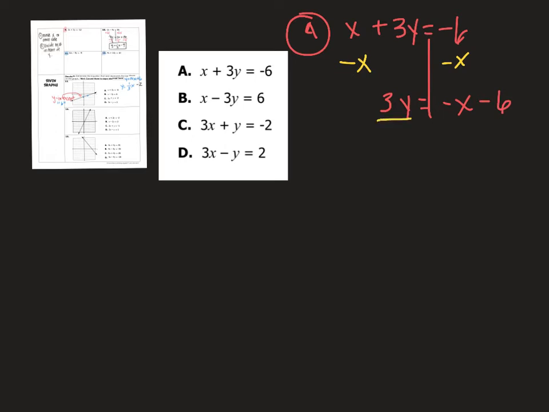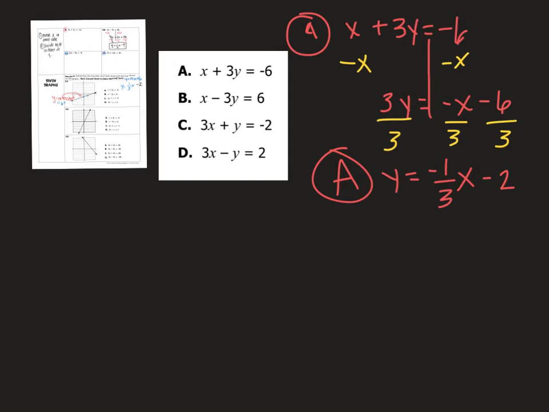We would then divide by 3, and we would get y equals -1/3 x minus 2. So this is A, and for A, we're looking for y equals positive 1/3 x minus 2, and that is not the same, so A is not a choice.